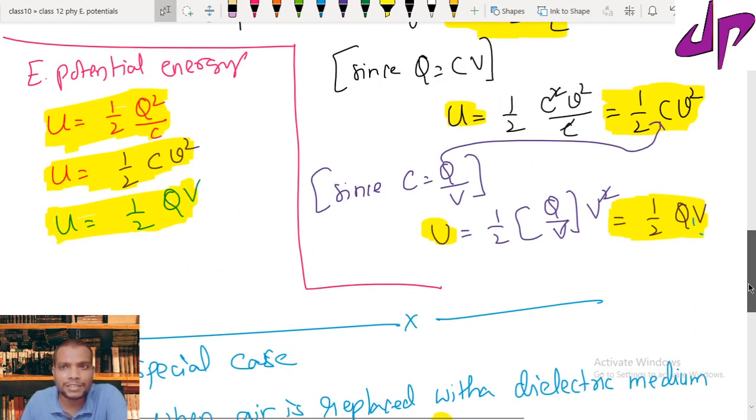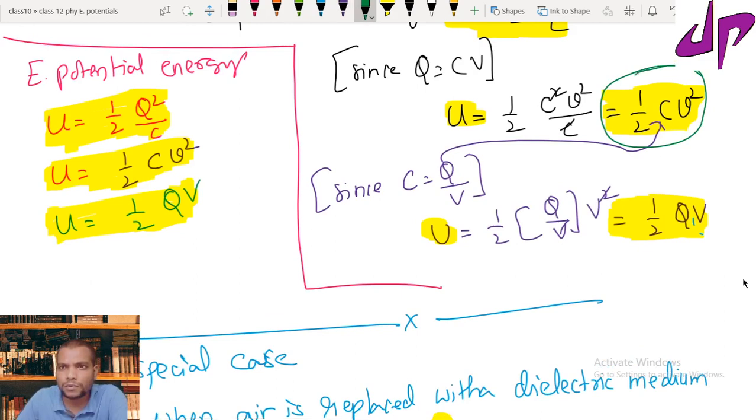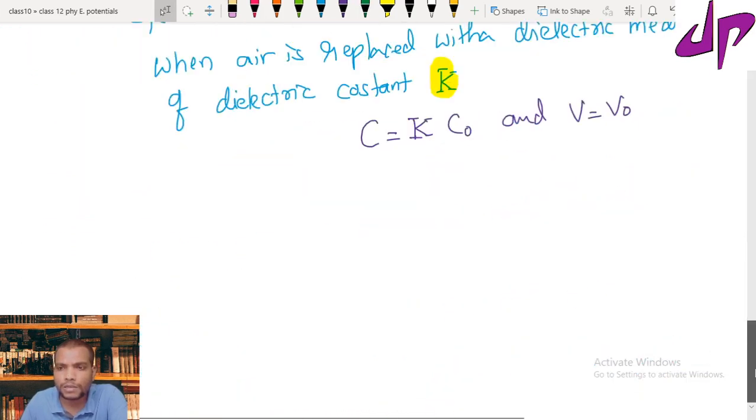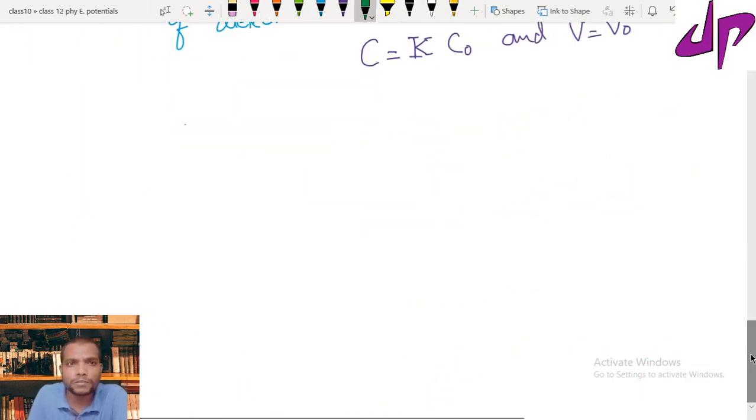The potential also changes, so we can find the change in the expression of CV square. We can rewrite the energy stored.